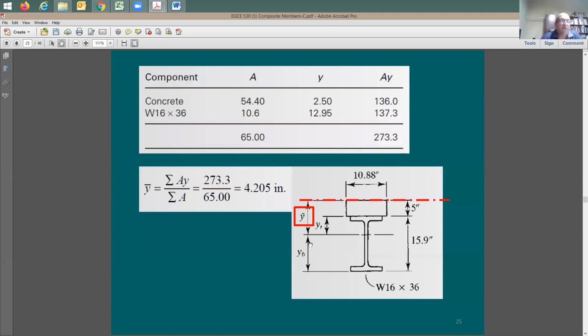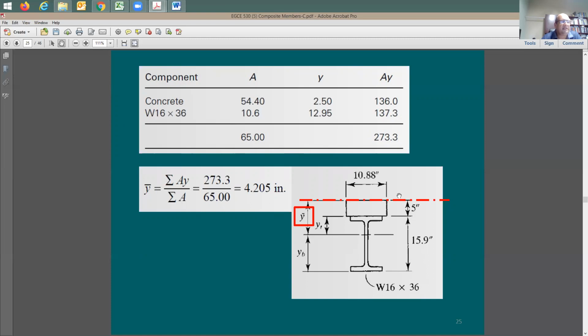Now, after we convert this section into steel area elements, I need to find out the moment of inertia. In this case, the E that you need to use, the modulus of elasticity, is going to be the 29,000 because now you convert or transfer the concrete into steel area element. As it says here, the area of the concrete is based on 10.88 times 5. This is going to be the area of the steel section, total area.